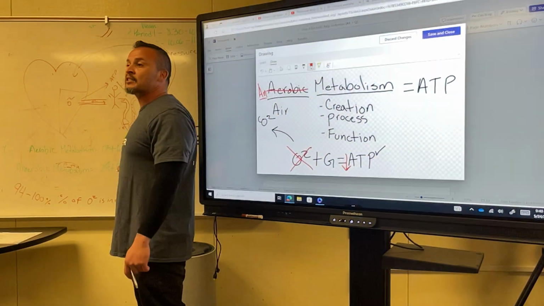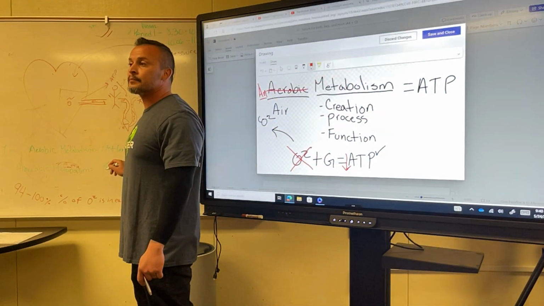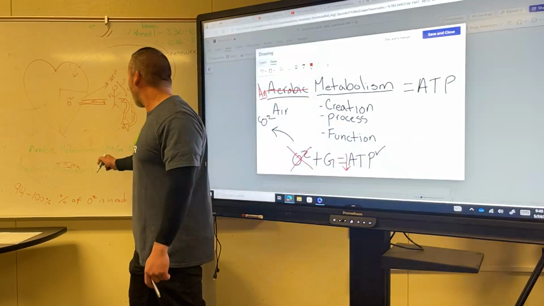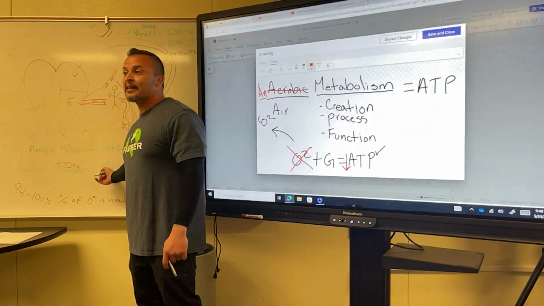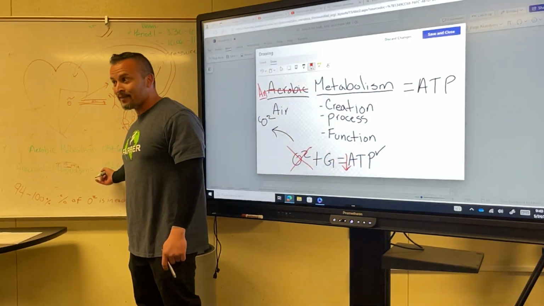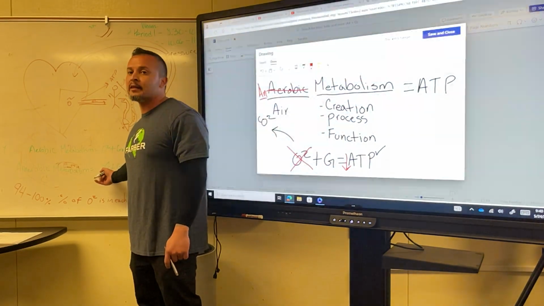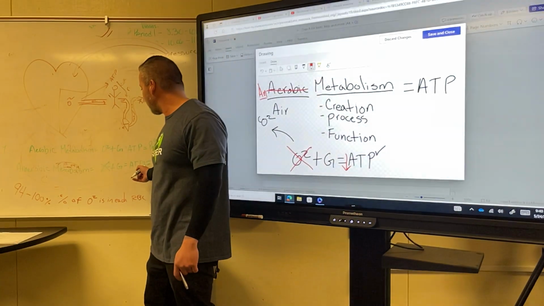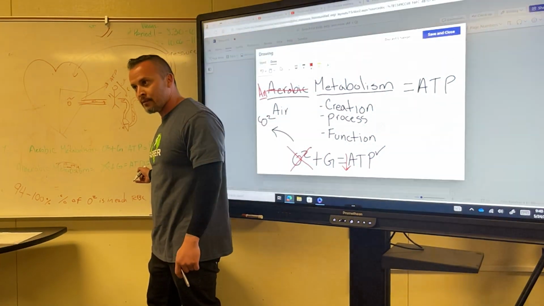Also equals, what does hypo mean? Slow or low. So if oxygen is not getting there or not getting there in time, it's getting there slow. So if the oxygen is getting there slow, the metabolism for ATP is gonna be slow.